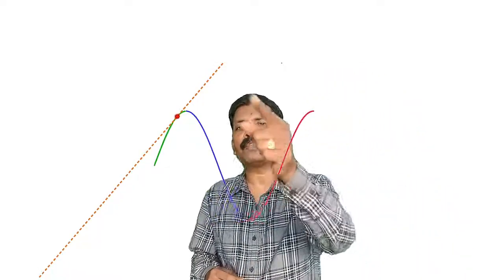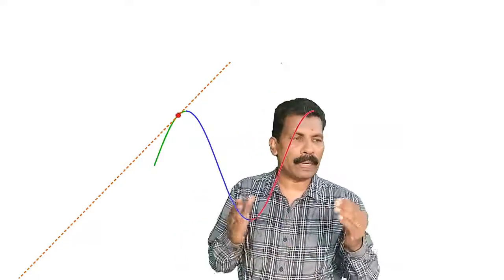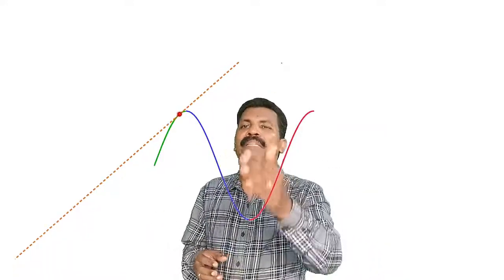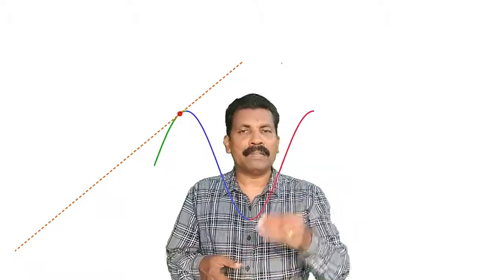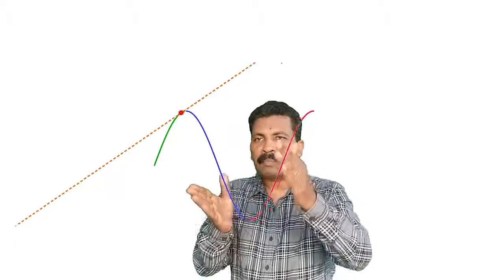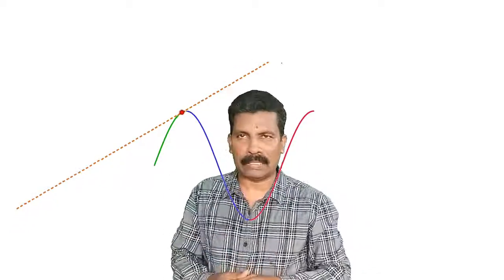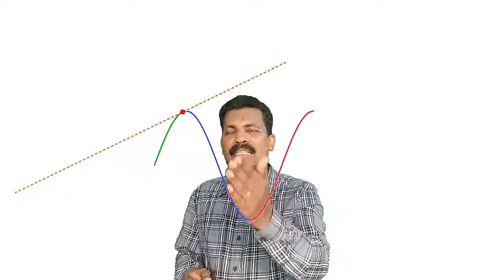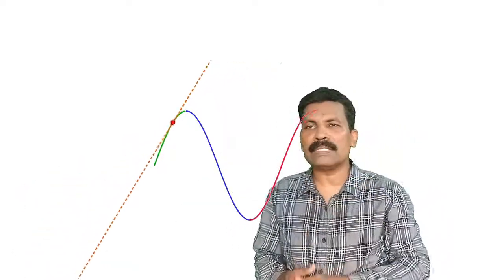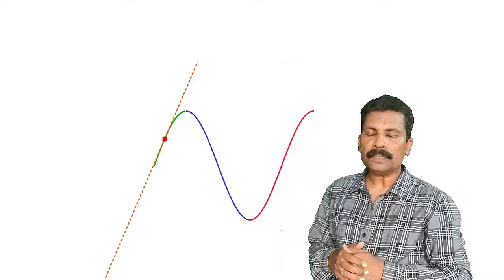What do you mean by tangent slope? That is derivative. So derivative is positive. So if derivative is positive for a branch, that portion is increasing like this. Tangent having positive slope means derivative positive.